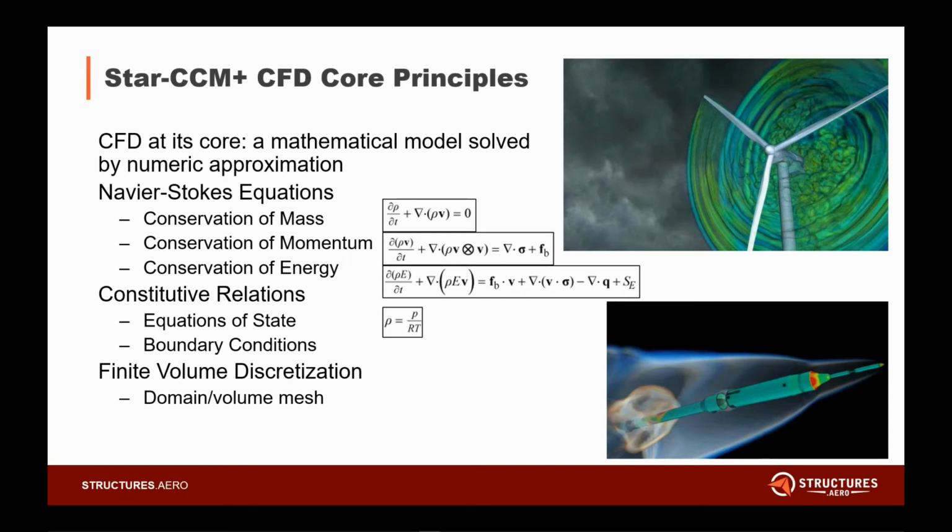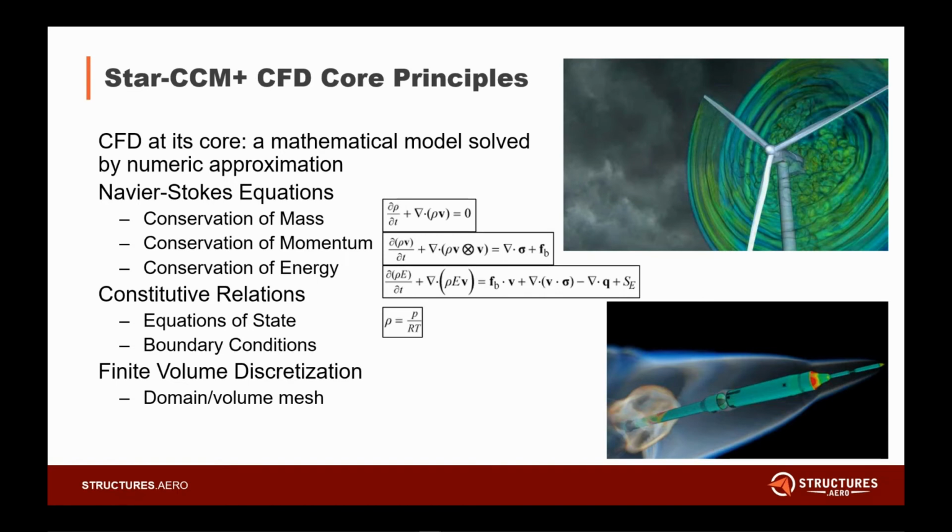In addition, as part of the numeric approximation, the solution domain is discretized into a finite volume mesh, and these equations are solved for each cell or element, allowing you to have fairly accurate solutions with a sufficiently refined mesh. So this is one of the key differences between STAR, like a CFD solver, and a finite element solver.